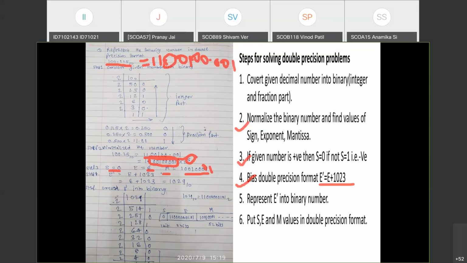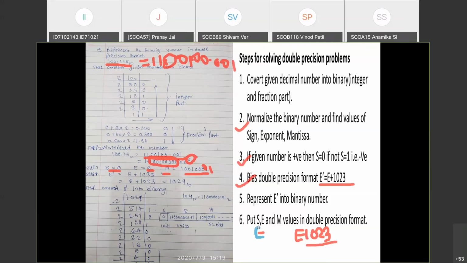What is this 1023? It is the excess code of the exponent, which is represented in the formula itself. So we need to find the excess code of that particular number. That means we are adding that value to the exponent. For example, what does E have?